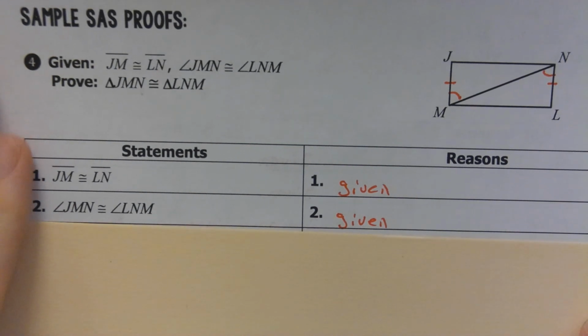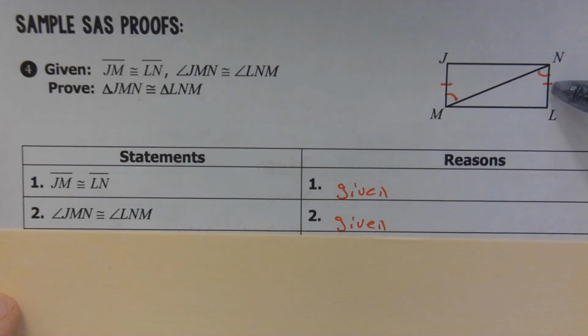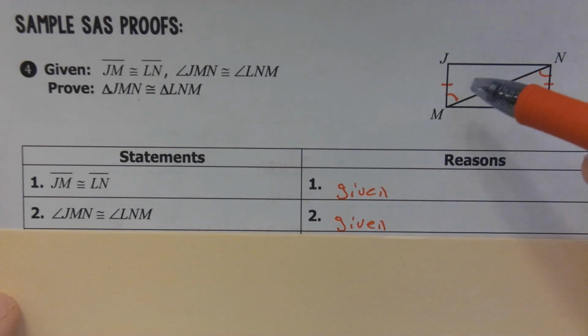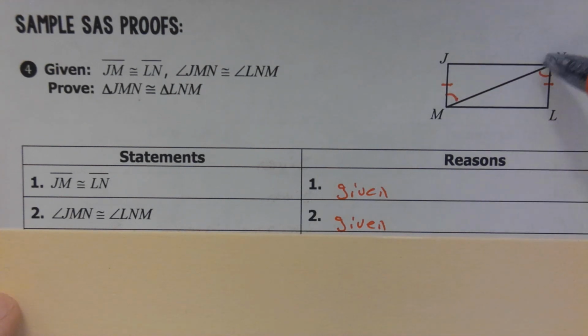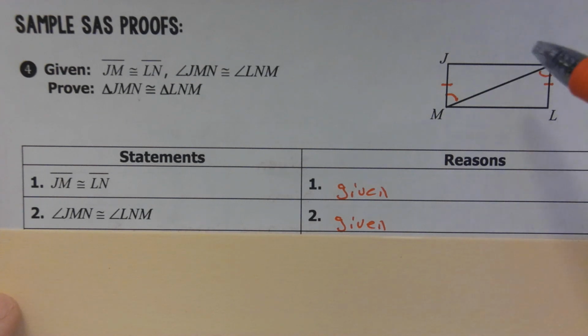We're given that JM is congruent to LN, so this side and this side, and we're given that this angle JMN is congruent to angle LNM. And so what we need now is a side. So if we have this angle and this angle, the side we need is MN.